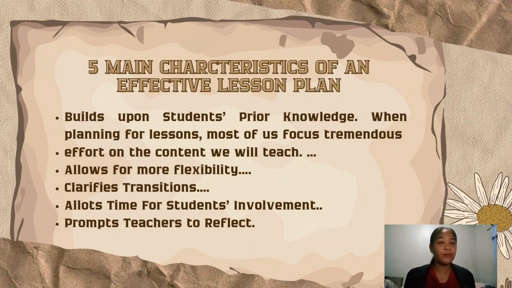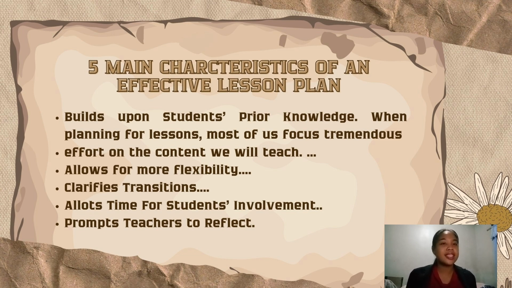So now, in lesson plans, there are 5 main characteristics of an effective lesson plan. First, it builds up students' prior knowledge when planning for a lesson. Second, the content will be rich. Third, it allows for more flexibility.